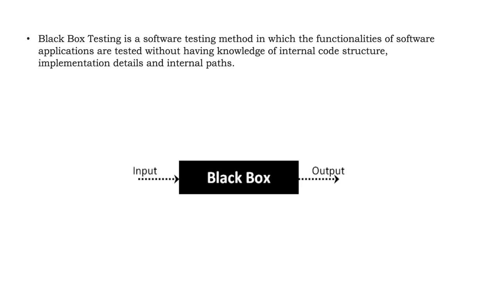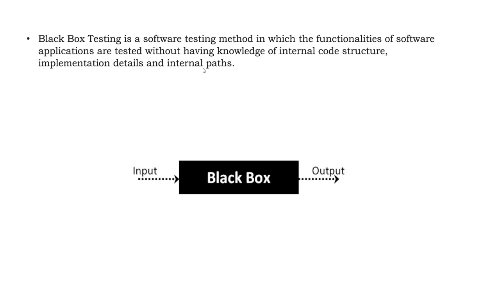Black box testing is a software testing method in which the functionalities of the software applications are tested without having the knowledge of internal code structure, implementation details, and internal paths. Basically, this is a testing technique where software testers don't know what exactly is happening inside the code.